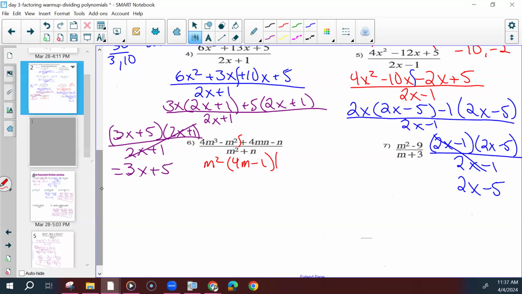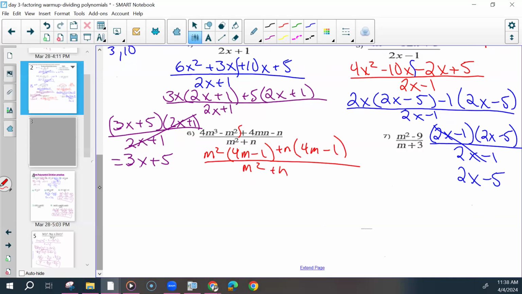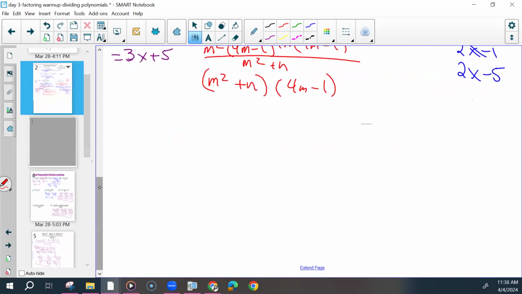Leaving 4M minus one. And then if I rewrite the final factors, we have M squared plus N and 4M minus one, all over M squared plus N. Cancel out our like factors, what's that? 4M minus one.